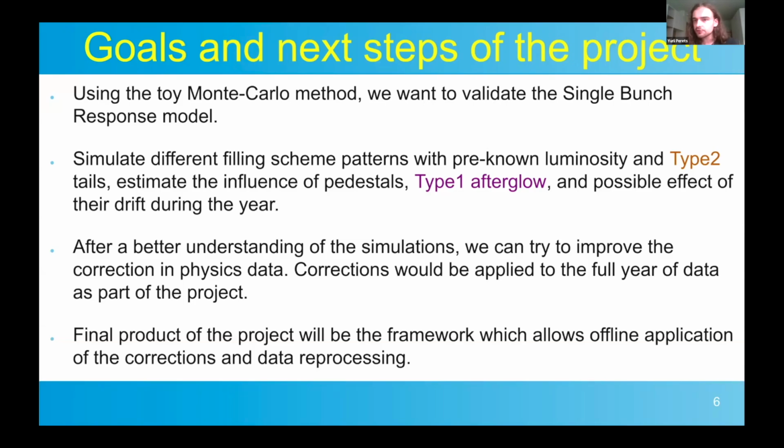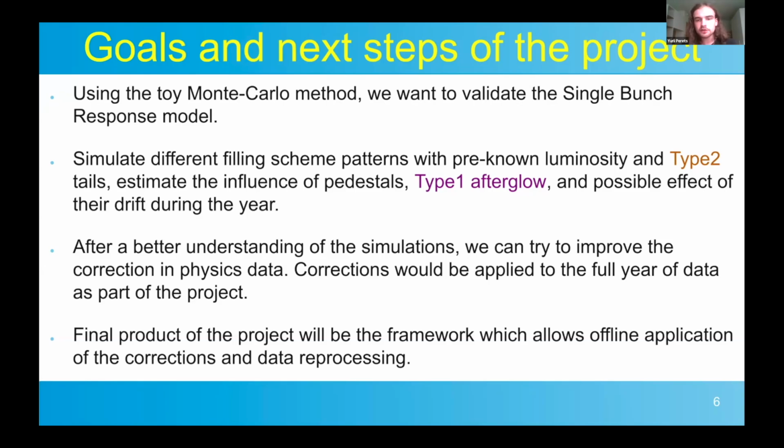We want to validate if our single bunch response model is the best possible, or maybe there's something better. We want to simulate different filling scheme patterns with different luminosity and estimate the influence of pedestals, type 1 afterglow, and their possible drift during the year.